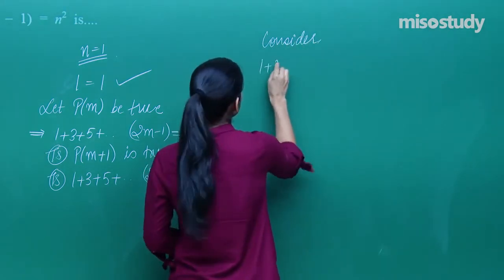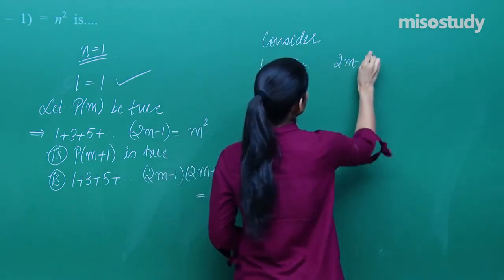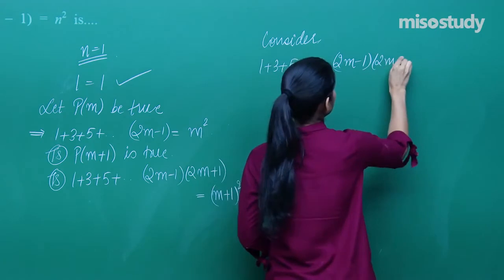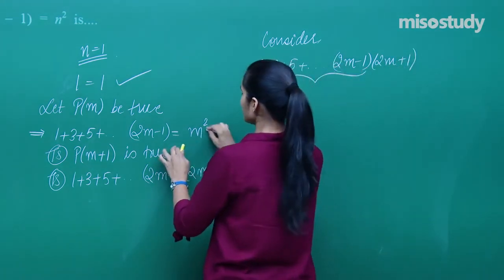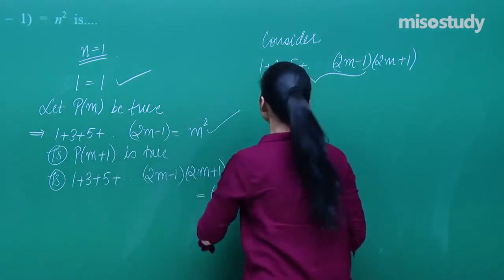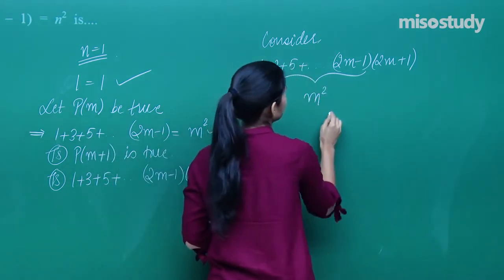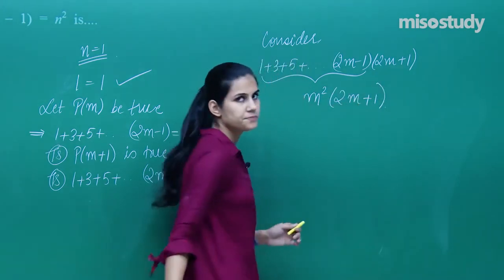If you consider the left hand side, you have 1 plus 3 plus 5 plus 2m minus 1, plus 2m plus 1. From 1 to 2m minus 1, I can use the induction hypothesis, which is that 1 plus 3 plus 5 plus up to 2m minus 1 is m square. So I can write this straight away as m square plus 2m plus 1.